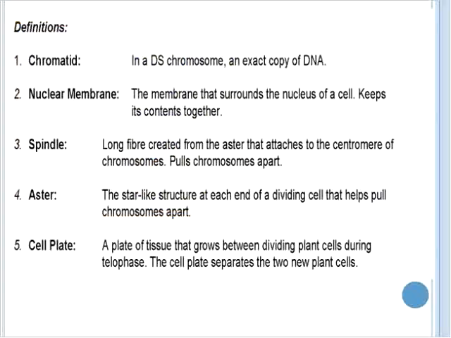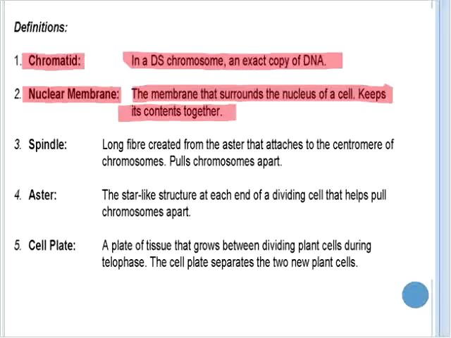So to close up our discussion of mitosis, I present the following definitions. A chromatid, in a double-stranded chromosome, is an exact copy of DNA. The nuclear membrane is the membrane that surrounds the nucleus of the cell. It keeps its contents together. The spindle is a long fiber created from the aster that attaches to the centromere of chromosomes.